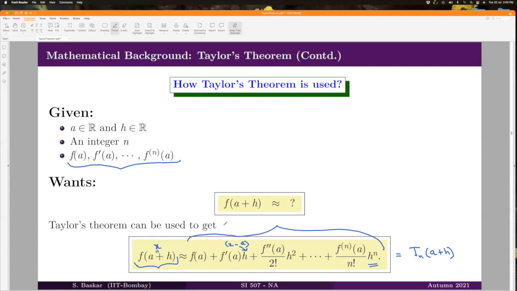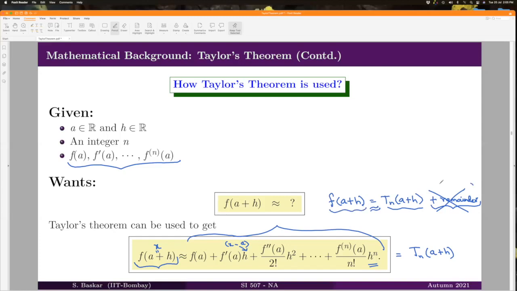Taylor's theorem says that f of a plus h is nothing but Tn of a plus h plus a remainder, right? If your remainder term is going to be very small, then you can just forget it and take this value as approximately equal to the one which you want.